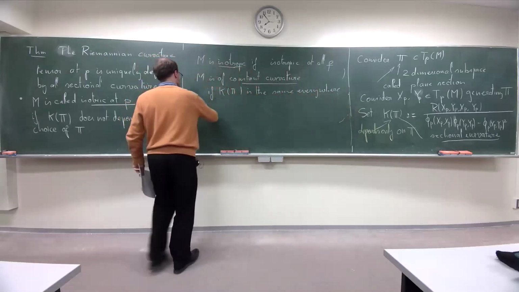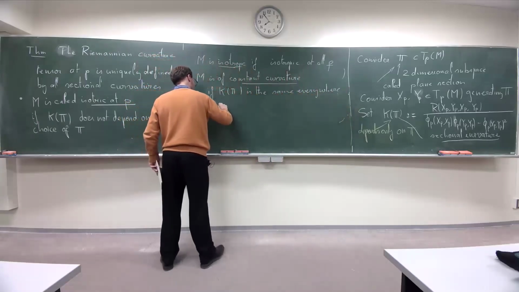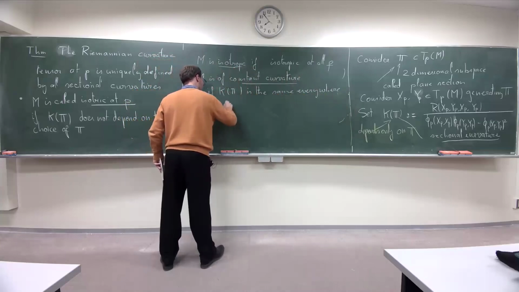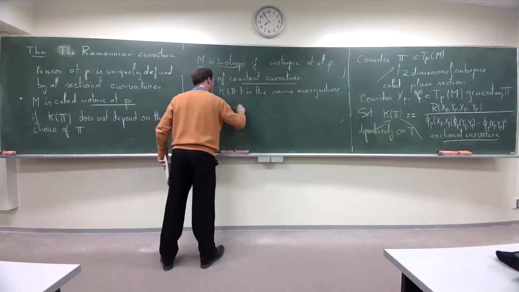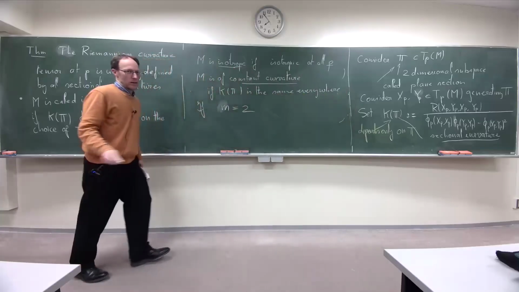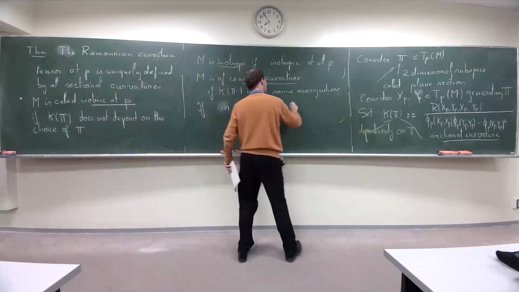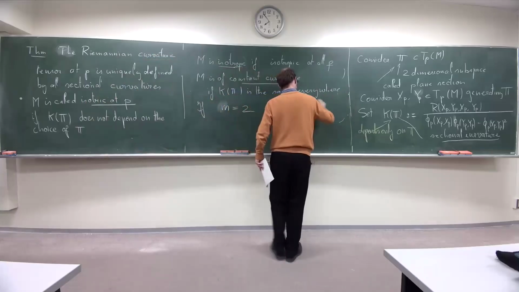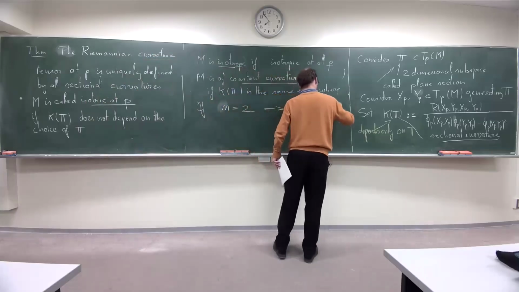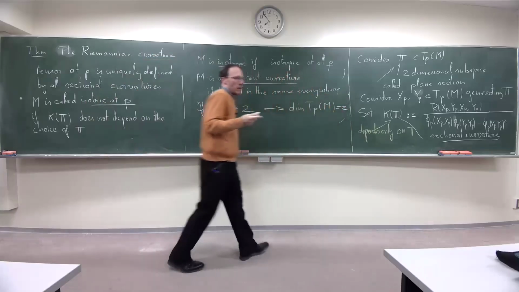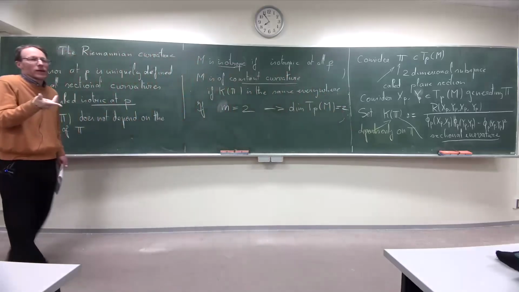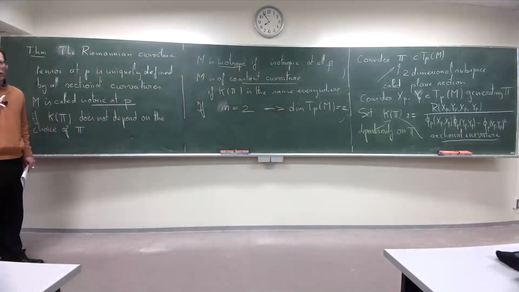And now what happens if the dimension of M is 2? Of course, it implies that the dimension of T_P M is equal to 2. So in this case, you have only one possible subspace of dimension 2, it's the space itself.